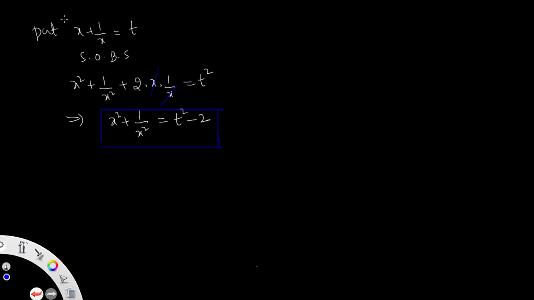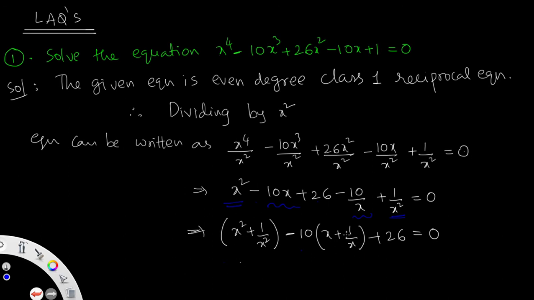Put x plus 1 by x equal to t. So x plus 1 by x equal to t means, squaring on both sides, x square plus 1 by x square equal to t square minus 2. In the previous equation, x plus 1 by x we have taken as t, and x square plus 1 by x square becomes t square minus 2.